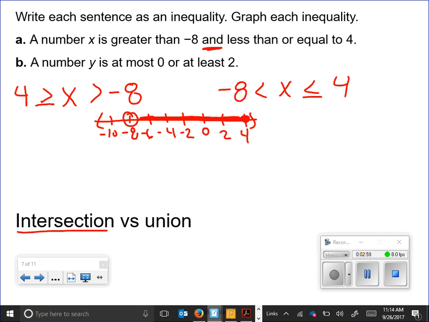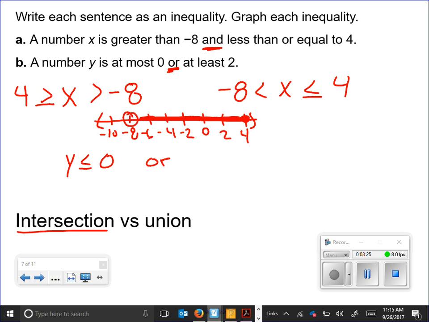So here's an "or" compound inequality. B says a number y is at most 0 or at least 2. What we're going to do is split this up into two pieces. A number y is at most 0, so y is less than or equal to 0, because it can't be more, but it could be 0.